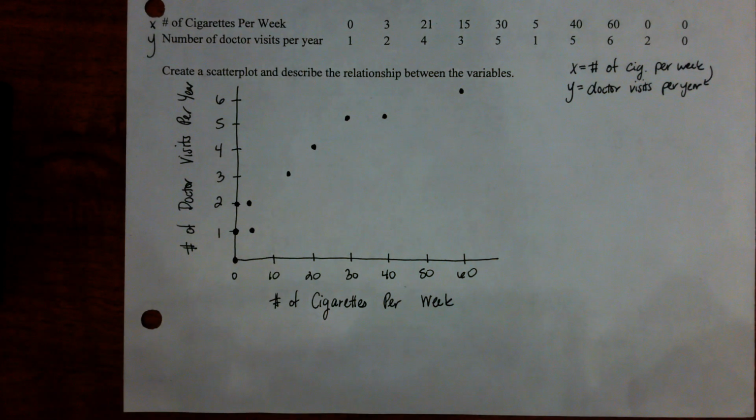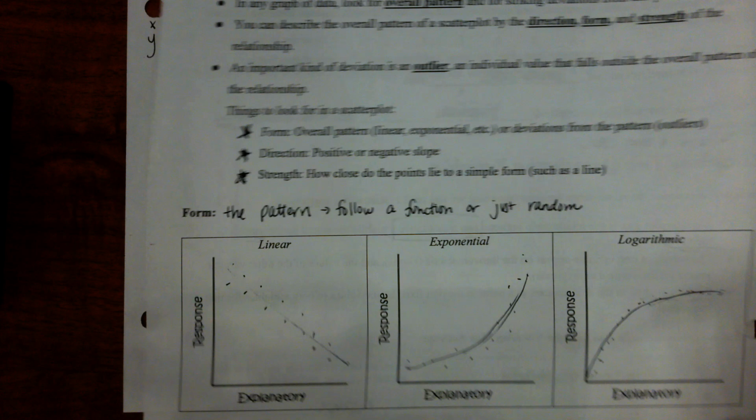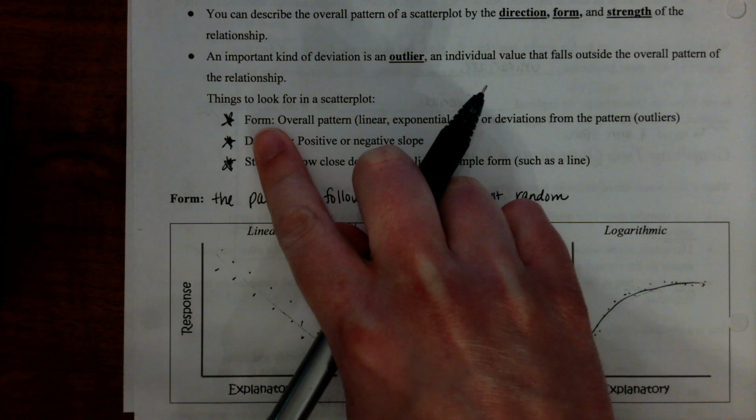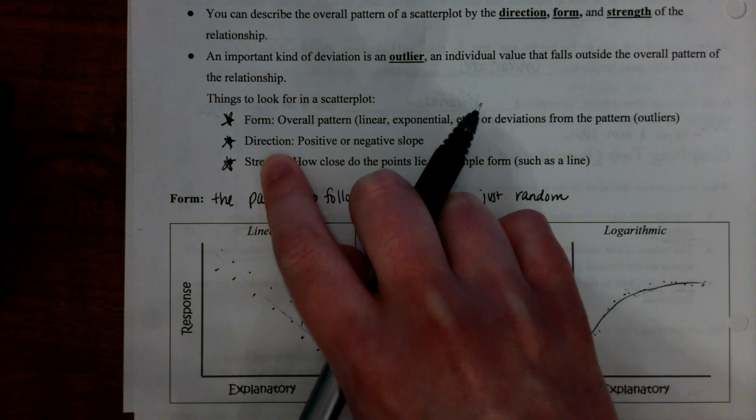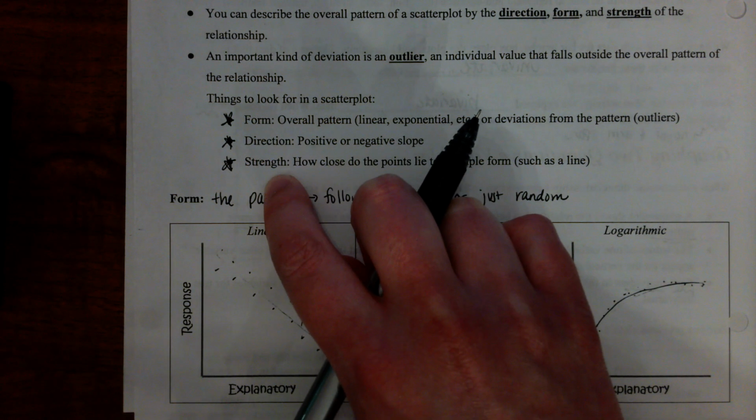Alrighty, so now it also says describe the relationship between the variables. So when we're describing the relationship between the variables, we're always going to put it in context of the problem. Remember, we're going to address our 3 things: our form, our direction, and our strength.